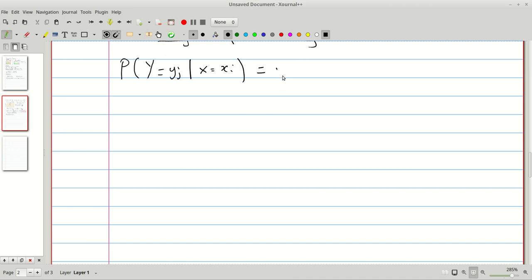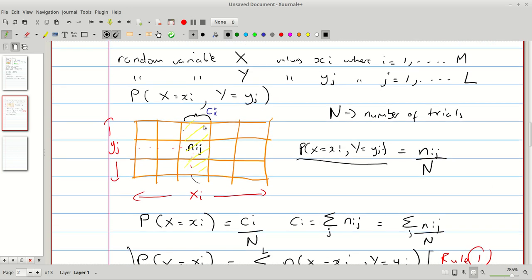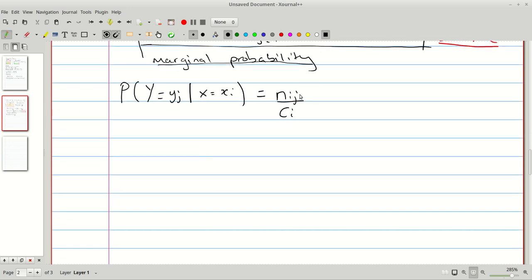Since it's conditioned on xi, the total number of samples you're looking at is ci, which is just what we have here. Now you are given this. Let's find another way of expressing this. This is actually equal to nij over ci.